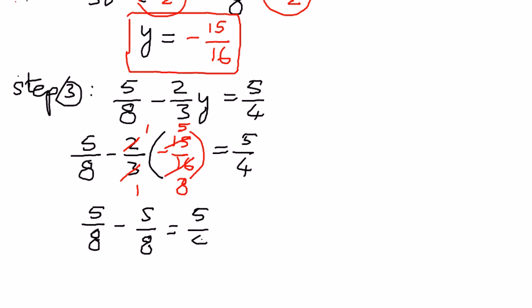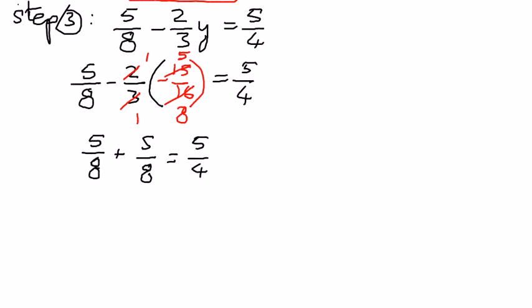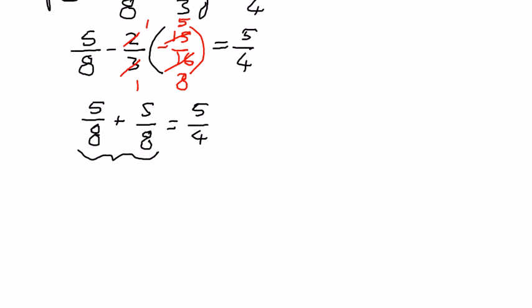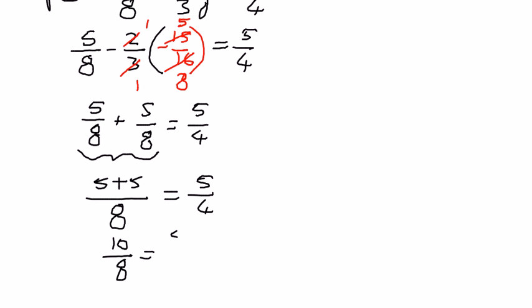Okay, now we also wanted to make sure that we are taking care of the signs correctly. So negative times negative is a positive, so this is a positive quantity, 5 over 8 plus 5 over 8, and when we simplify this, the common denominator is 8, and we can combine the numerators, 5 plus 5, and that should be equal to 5 over 4. 5 plus 5 is 10 over 8, and that should equal 5 over 4.